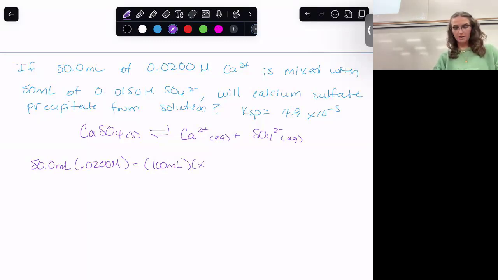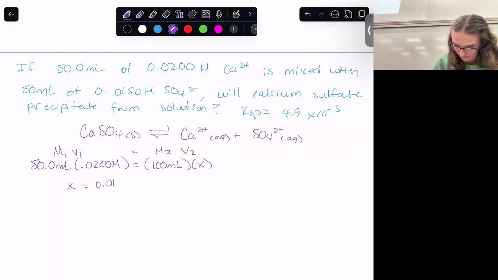No, but we can solve for it. This is just M1V1 equals M2V2. So our final concentration of calcium is 0.01 molar calcium 2 plus ions.